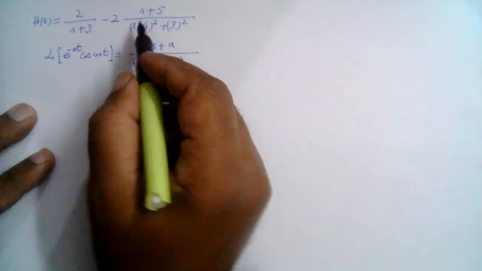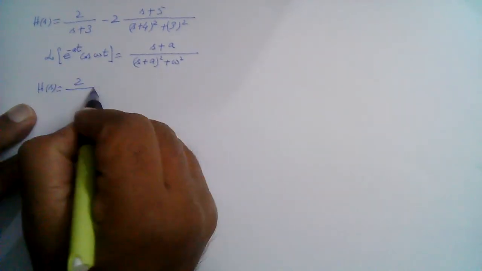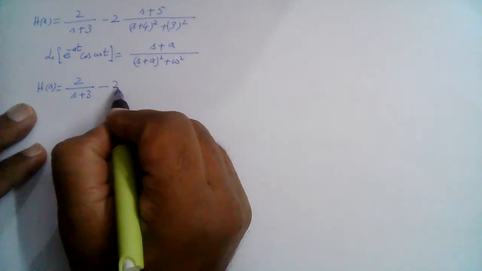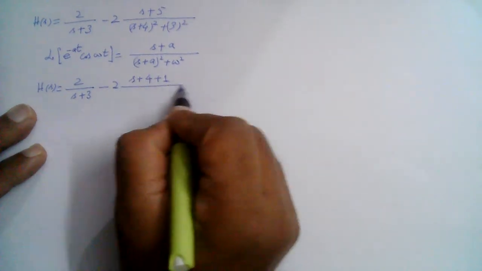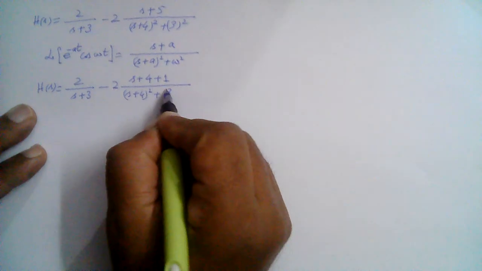So let's rewrite this. So h of s is equal to 2 over s plus 3 minus 2, so this is s plus 4 plus 1, so s plus 4 squared plus 3 squared.